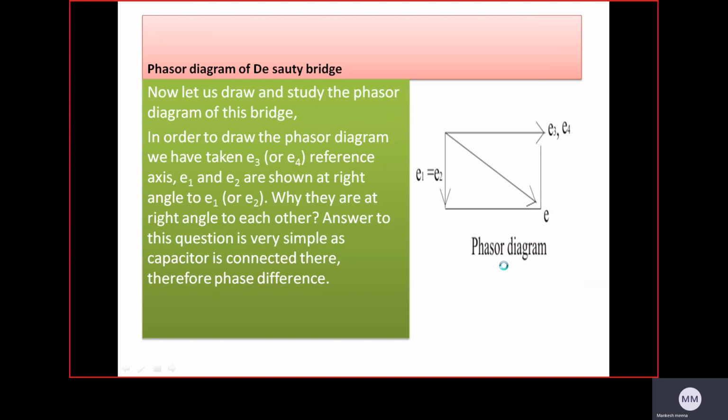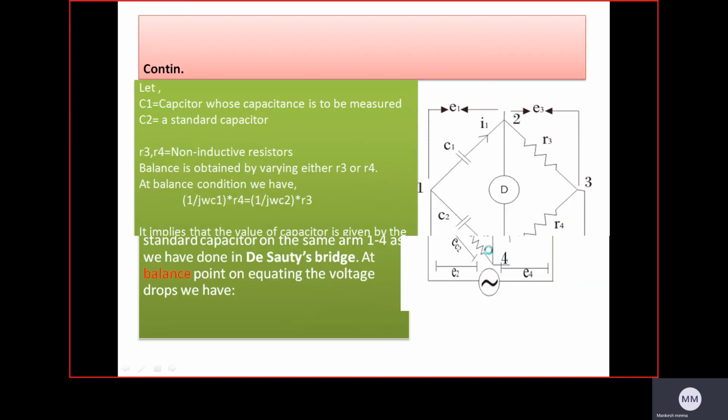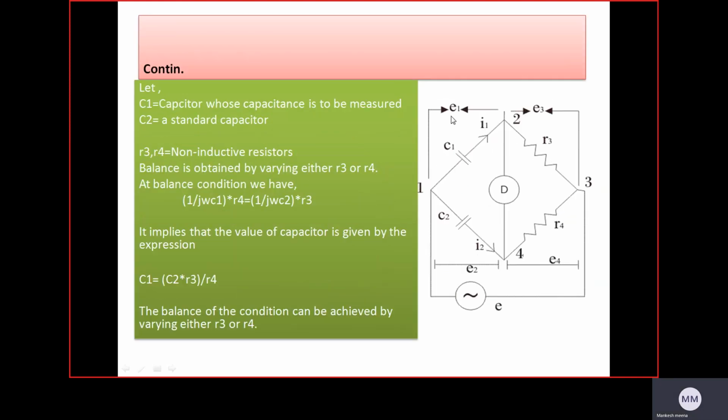Because in this circuit there is a capacitor.